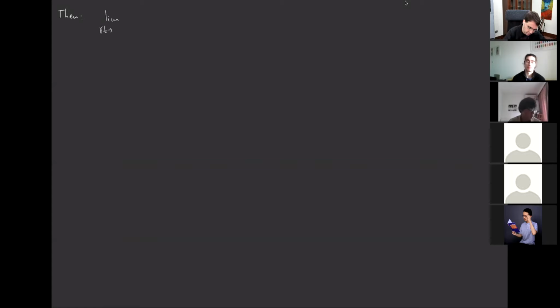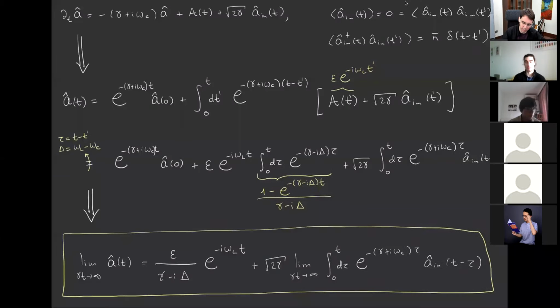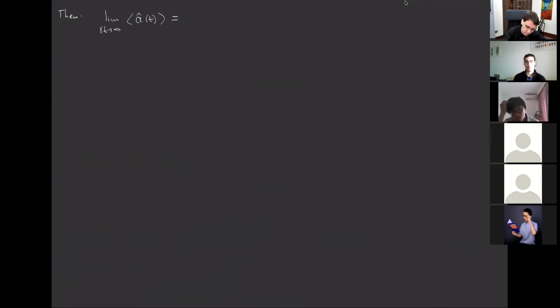The expectation value of A for long times is equal to just taking the expectation value of this expression. Now, this is just a function, so it has expectation value itself, but the expectation value of the input operator is 0. Okay, so then we get exactly this.